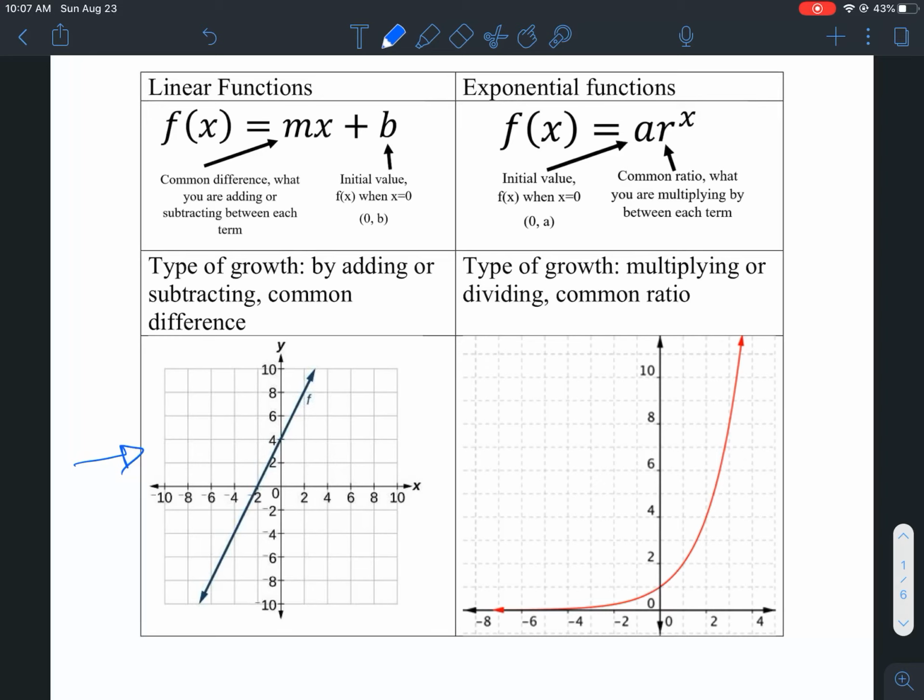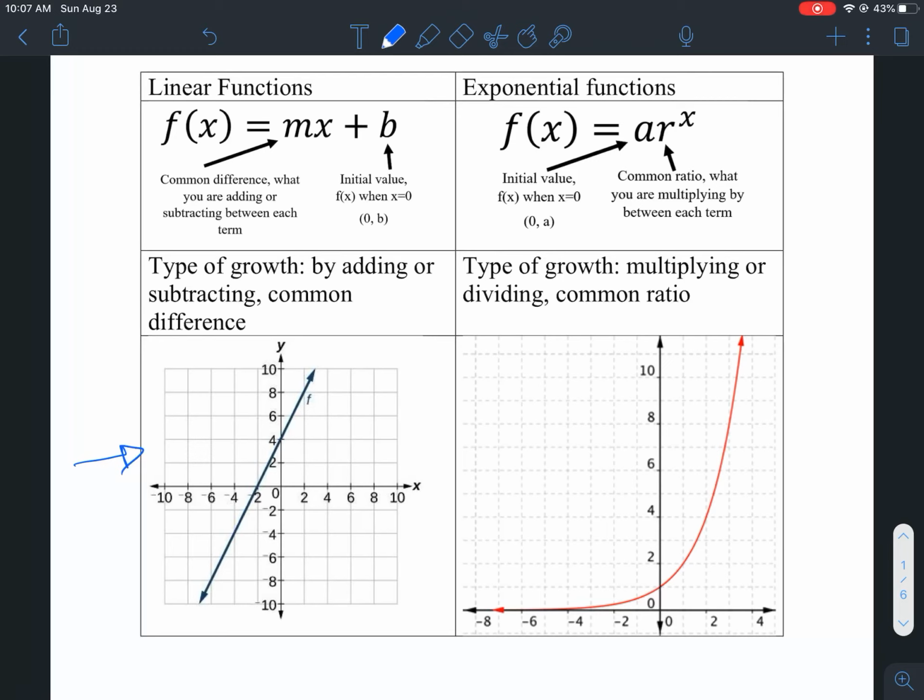Then for exponential functions, we have f of x equals a times r to the power of x, where a is our initial value, or your f of x value when x equals 0. And our common ratio is what you are multiplying by between each term.